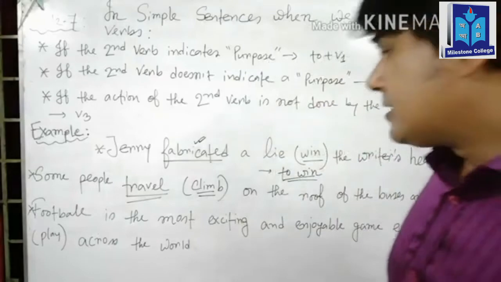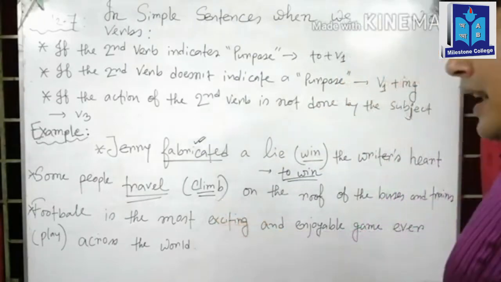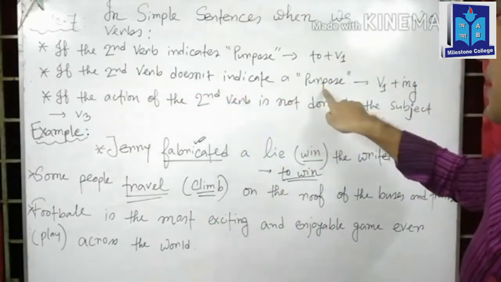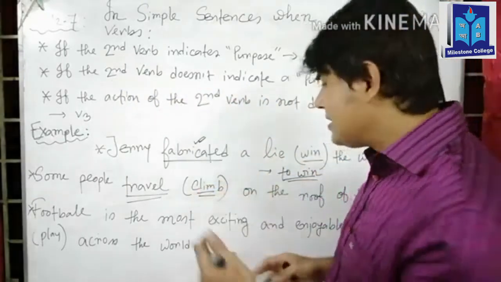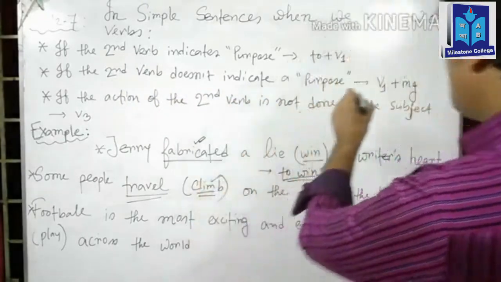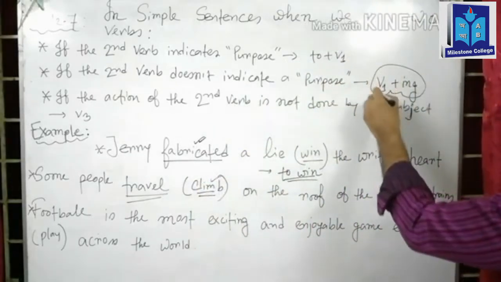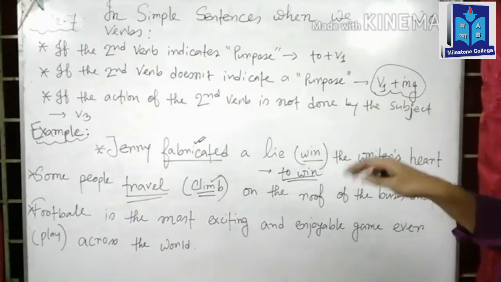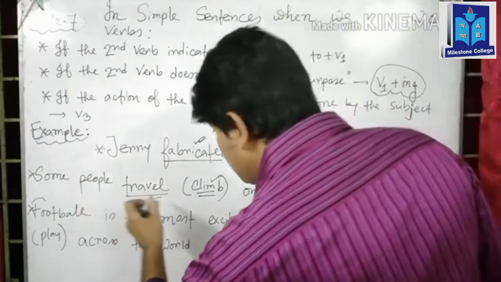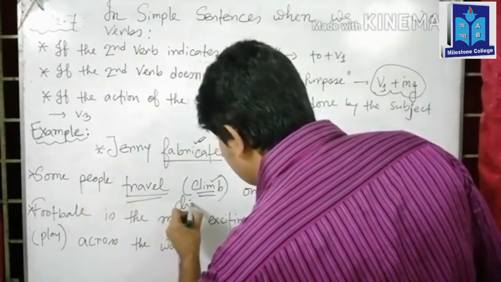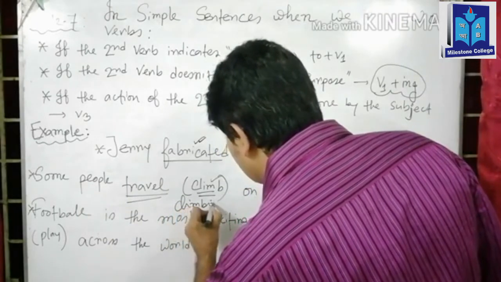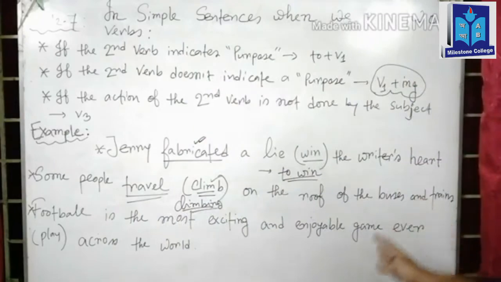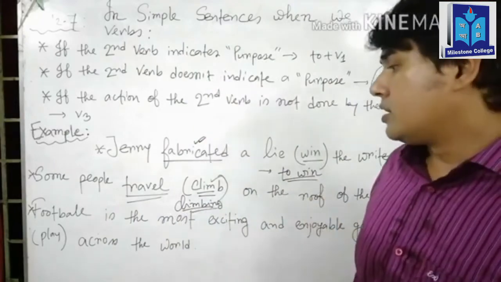If the second verb doesn't indicate a purpose, if we can't see a purpose there, the structure will be the main form of the verb and then ing. We will add ing with the verb. So some people travel climbing on the roof of buses and trains. This is the structure.